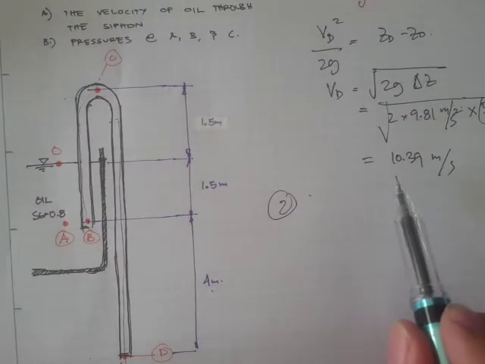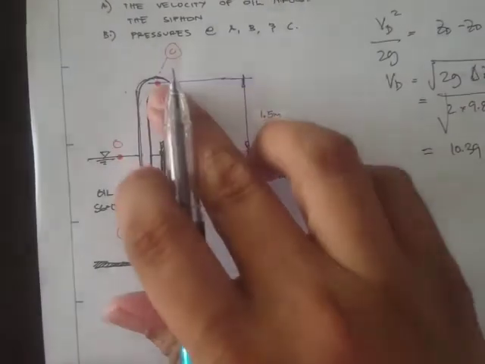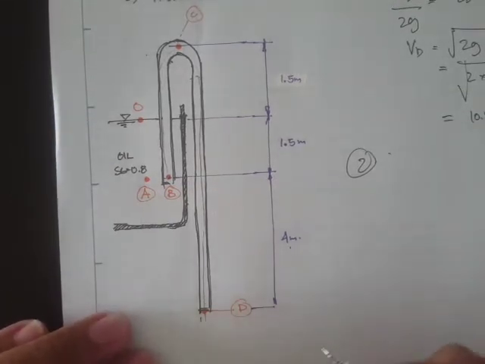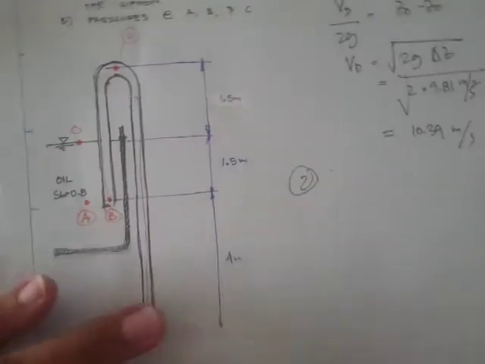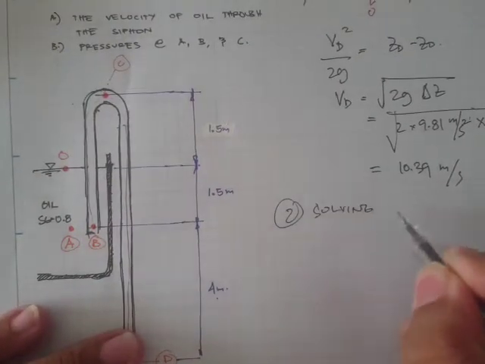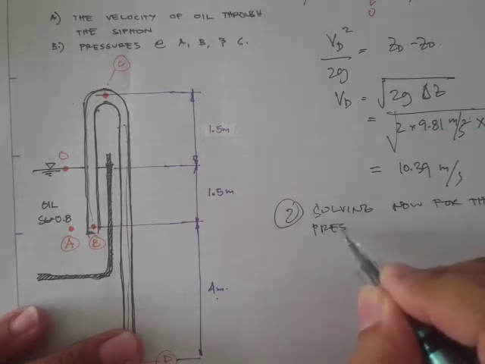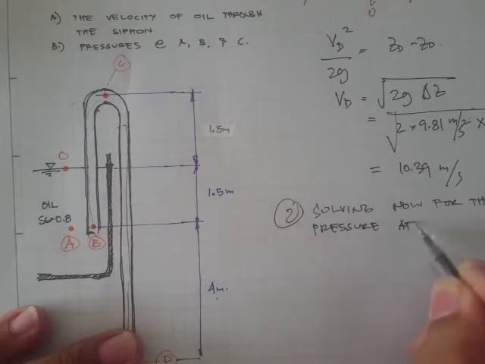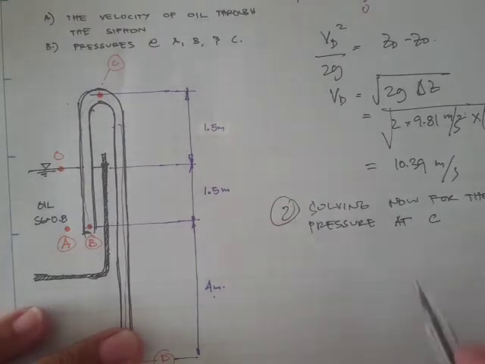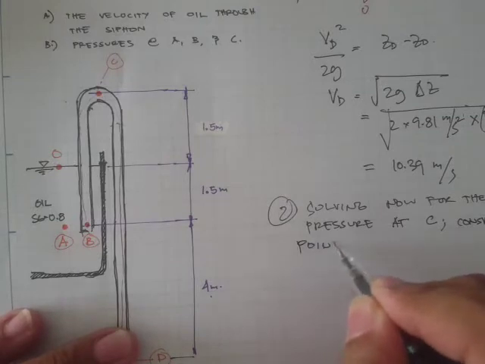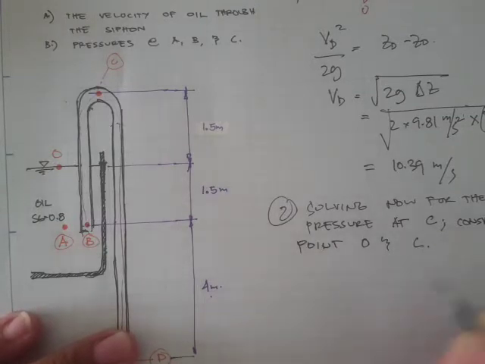This 10.39 is also the velocity at C, and it's also the velocity at B. Alright, now let's solve for the pressure at C. Okay, so for the pressure at C, considering point O and point C.